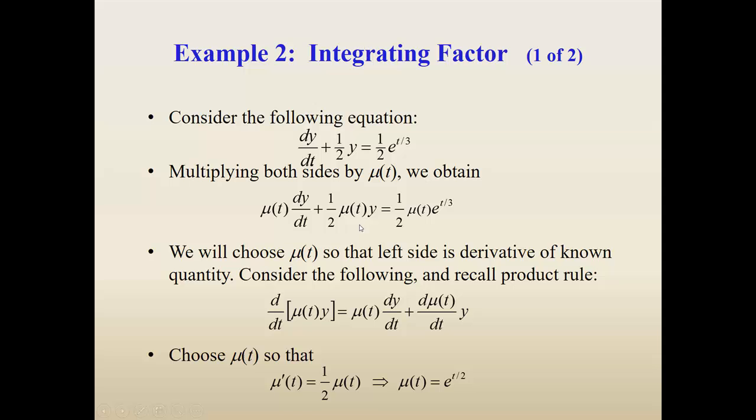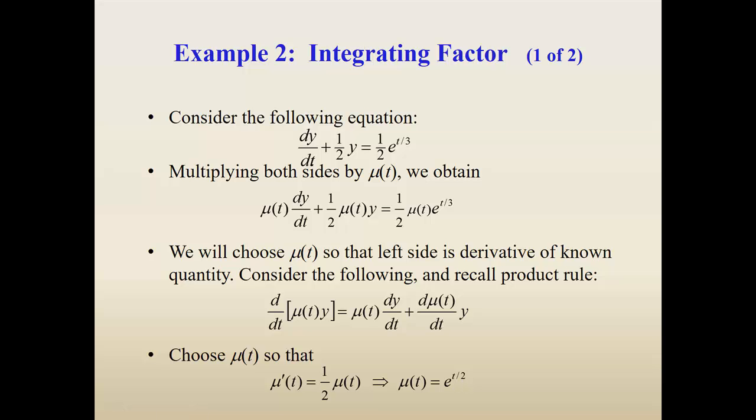The second term is where it differs, but there's still a y term in both. So if I say that d mu dt, this mu prime, is equal to 1/2 mu, I solve for mu, getting that mu is equal to e to the t over 2.